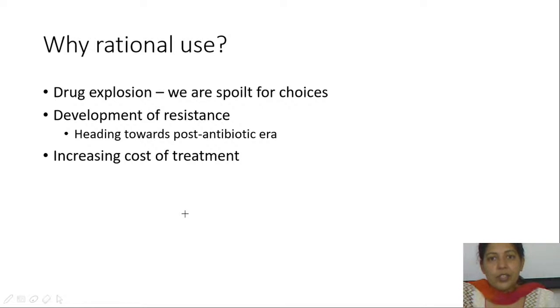There are several infections, especially in ICU setup, where there is no antibiotic or the antimicrobial available is so toxic, but there is no choice but to give that antimicrobial. So that's the stage where we are heading. And then by doing all this, we increase the cost of treatment, like I've already talked about with brand and generic prescribing.